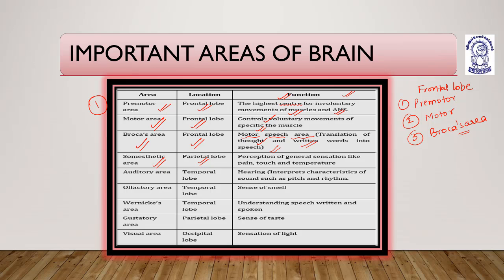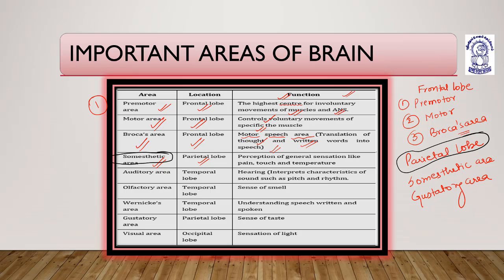Parietal lobe is having somesthetic area, then gustatory area.